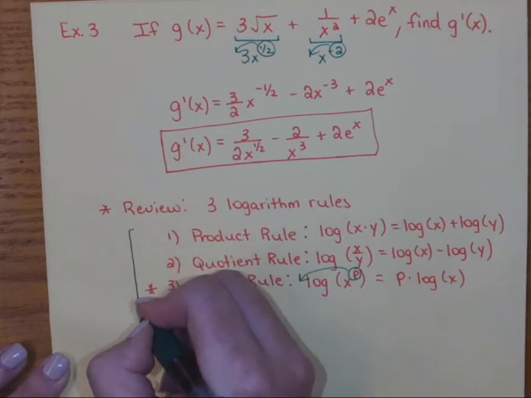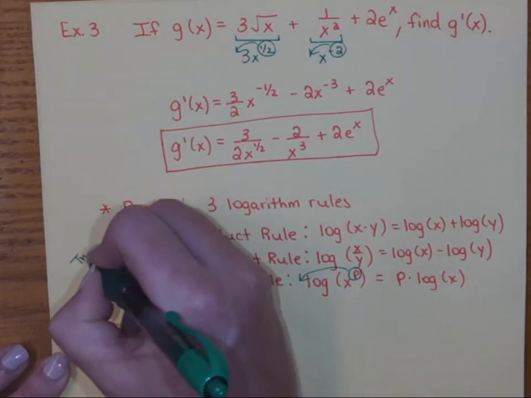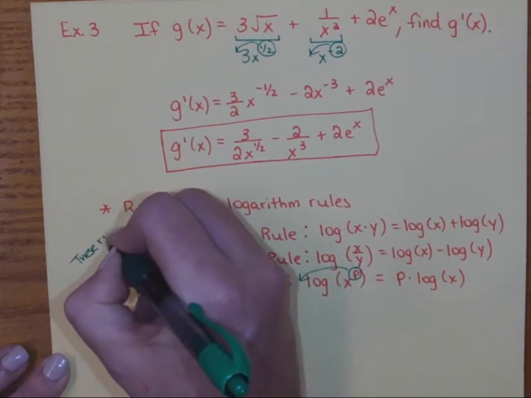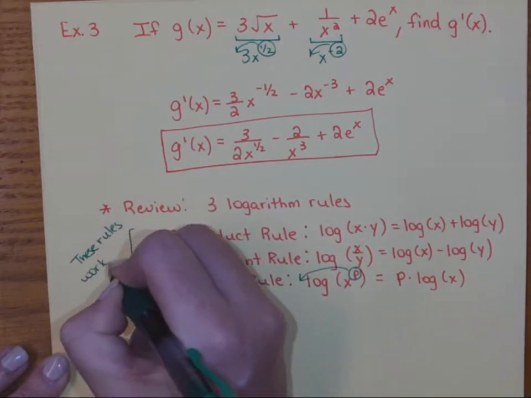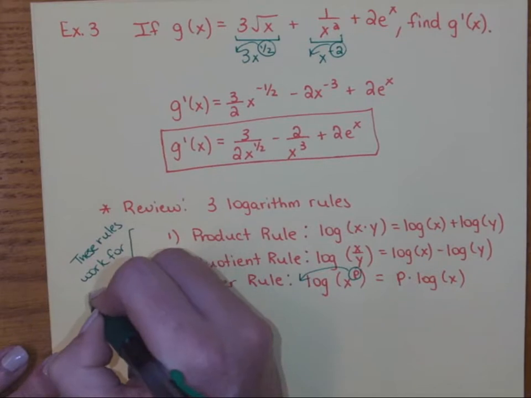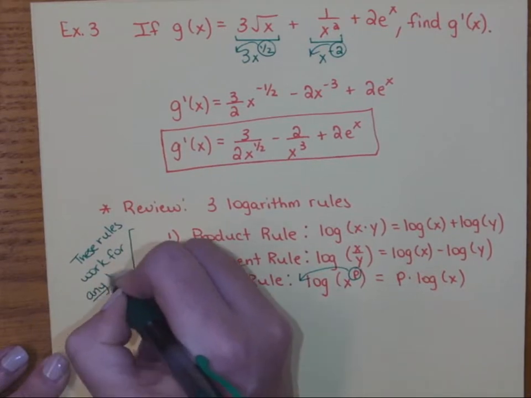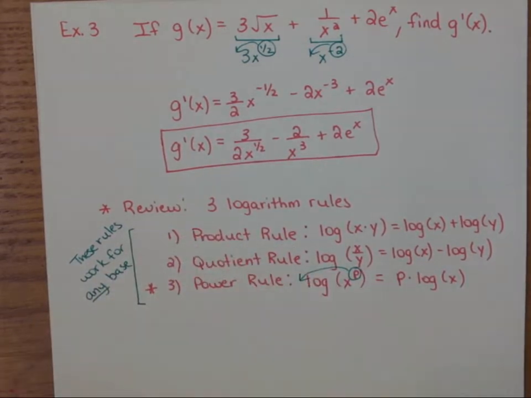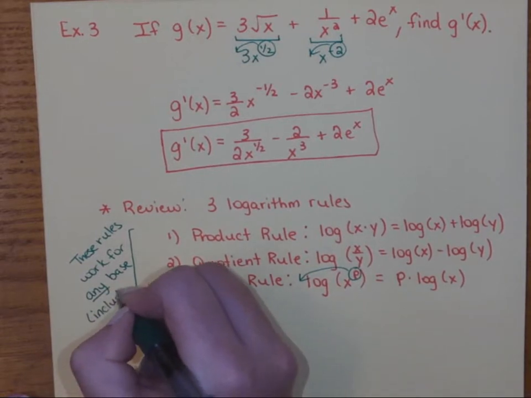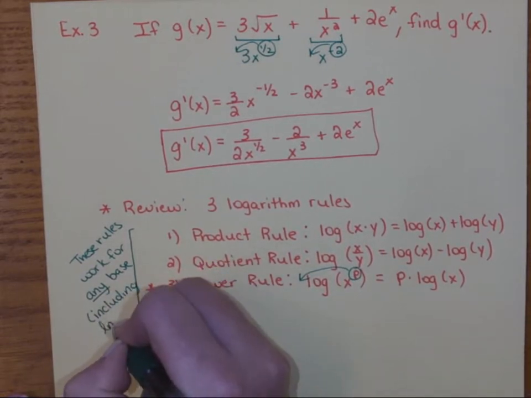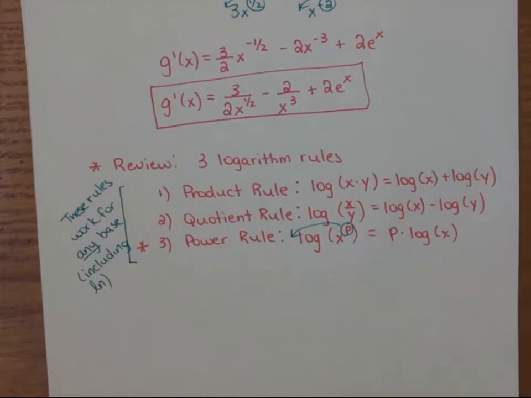Okay, just also remember that these rules work for any base at all. So they also work for ln. So remember, ln is base e. So these rules work for log, base, whatever, but including the special case ln or natural log.